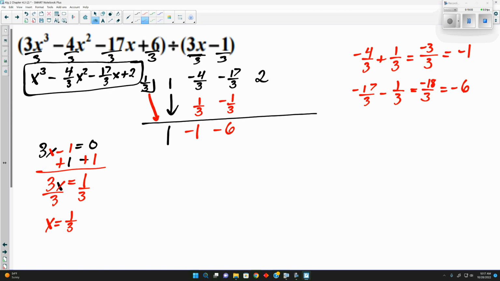What's 1/3 times negative 6? 1/3 times negative 6 would be negative 6/3, which is negative 2, and adding 2 would give 0.